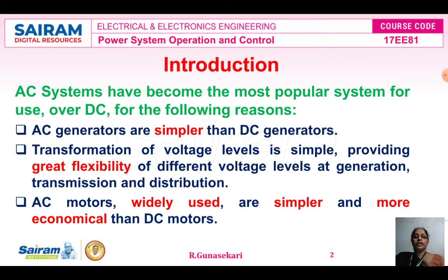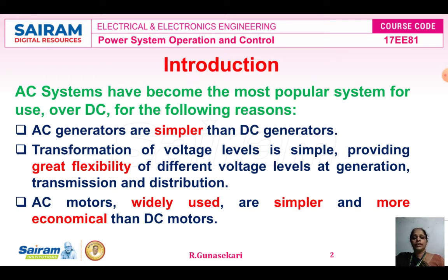A commutator is used in DC, and DC field excitation is required for AC. This is the difference between the AC generator and the DC generator. AC generators are simpler, and that is why the AC system has become more popular than the DC system.